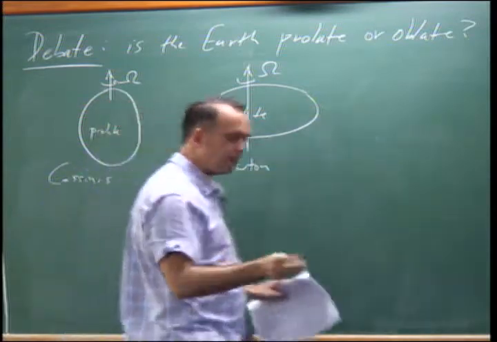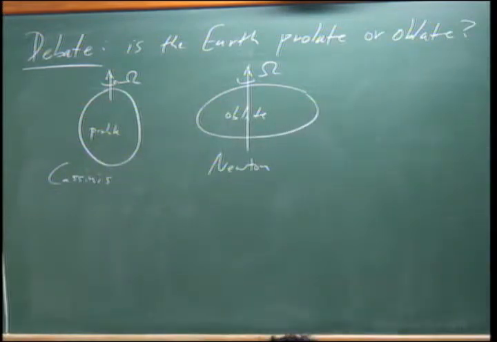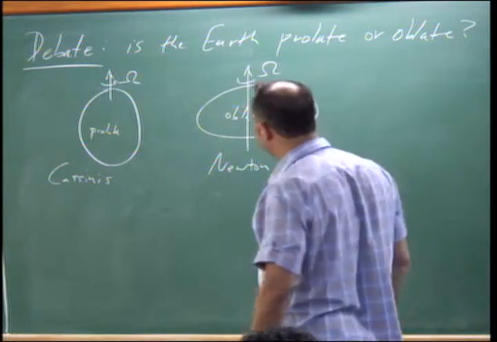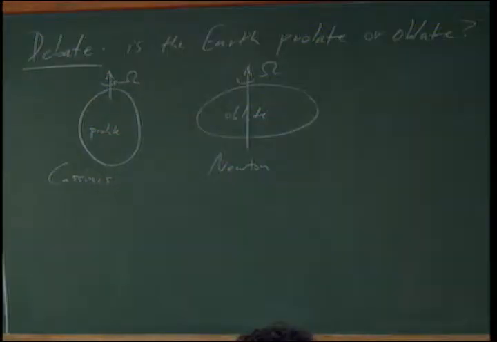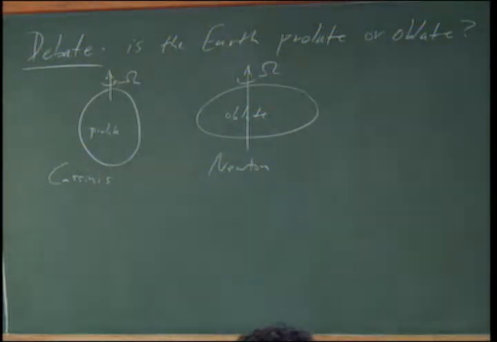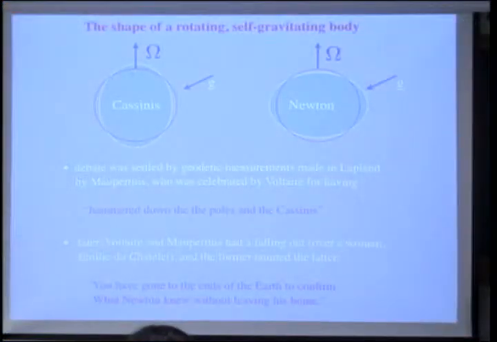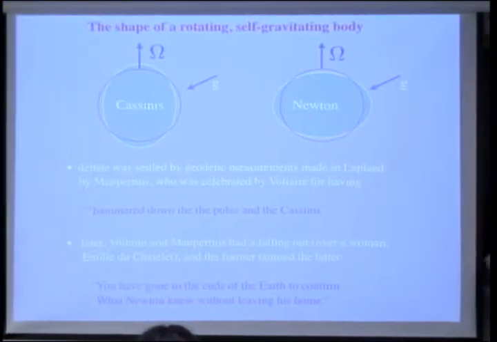Okay, so this is a time when there was a great competition between the English and the French in terms of taking precedence for development of calculus and so on and so forth. And of course, Newton was heavily involved in much of the controversy. So this was settled actually by Maupertuis.